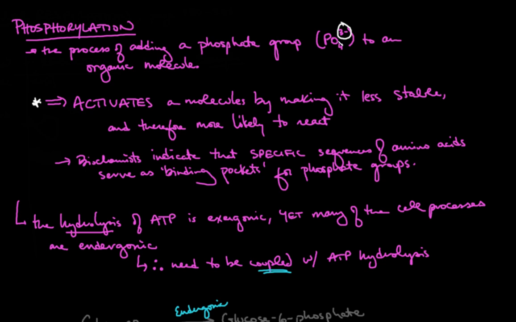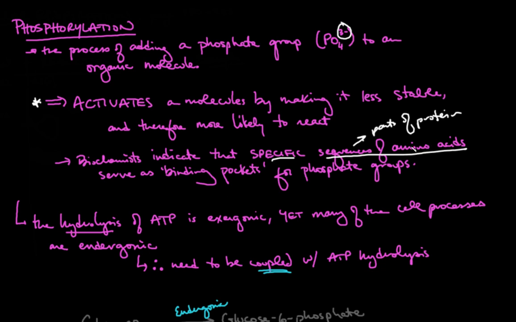And those unstable, highly negatively charged parts of, let's say, an ATP molecule serve as binding sites, right? So what biochemists think, this is the third bullet here, is that specific sequences of amino acids, which means certain parts of proteins, serve as binding pockets, right?